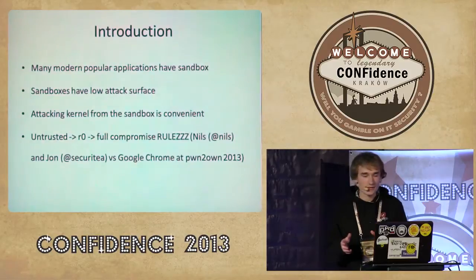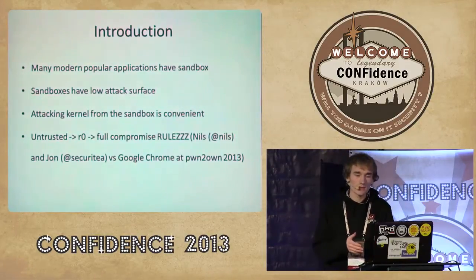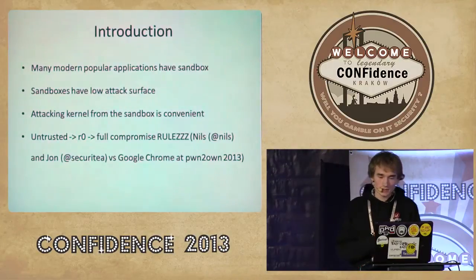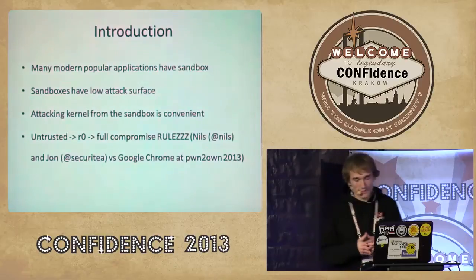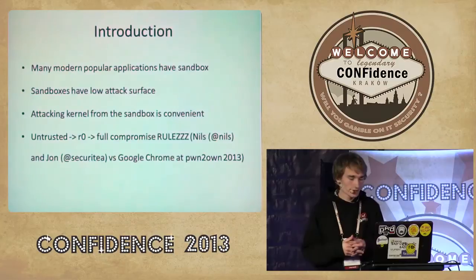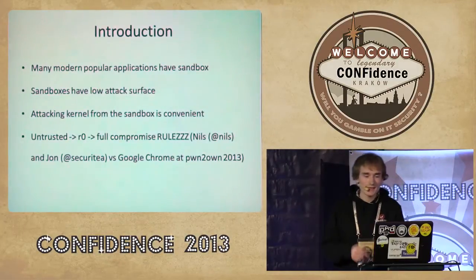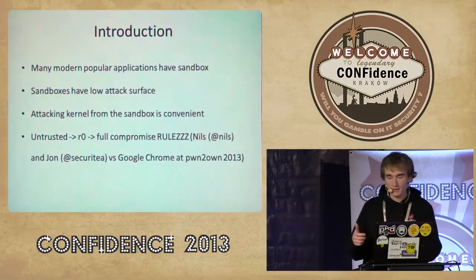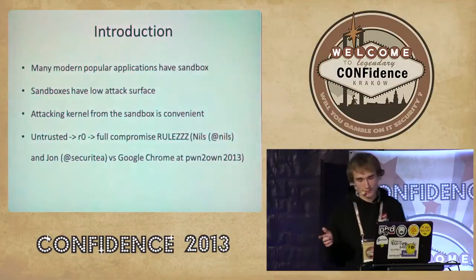A great example of that is the latest pwn of Google Chrome by Nils and Jon from MWR Labs. First, they gained execution in the sandboxed process using a type confusion vulnerability in WebKit, and next they attacked the kernel using a pool overflow in Win32k.sys.